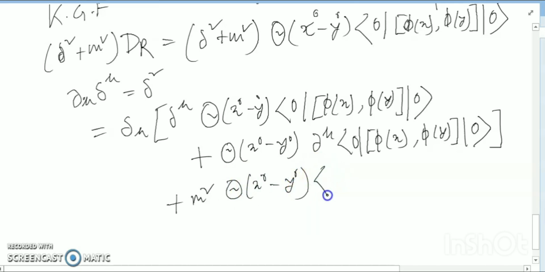So phi x into phi y is a C number, as I have already told in my channel in quantum mechanics. Now I am changing the color for your better understanding.